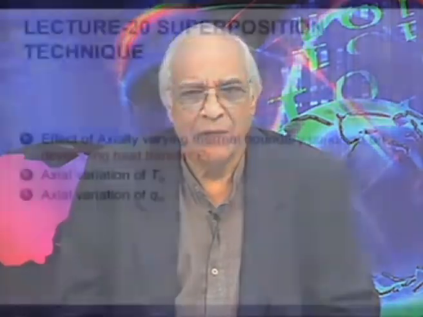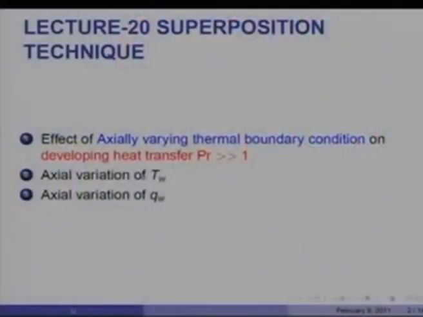In these sort of situations, the actually varying wall temperature as well as actually varying heat flux have profound effect on the manner in which the heat transfer coefficient changes or varies with the actual distance.